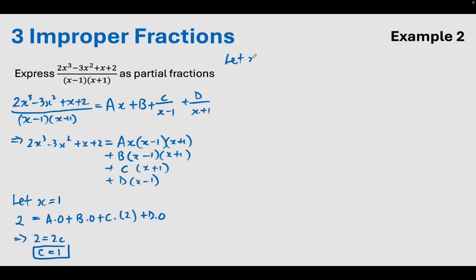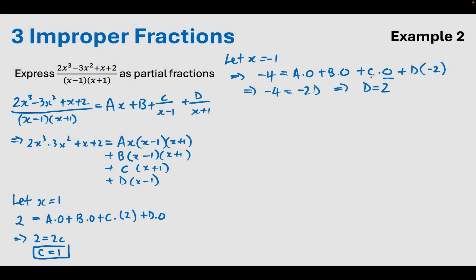So I say let x equal negative 1 now. That means on the left hand side I get minus 2, minus 3, minus 1, so minus 6, add 2, minus 4. And a times 0 plus b times 0 plus c times 0 plus d times minus 2. So I get minus 4 is equal to minus 2d, and therefore d is 2.